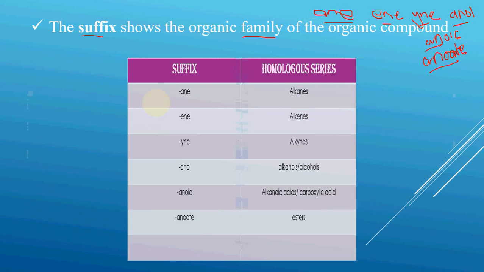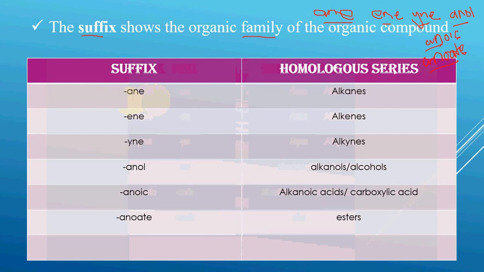So here we have the suffix. Just like I've said here, whenever the name ends in ane, it simply means that they are coming from alkanes. Ene meaning alkenes. Yne, alkynes. Anol, alkanols.